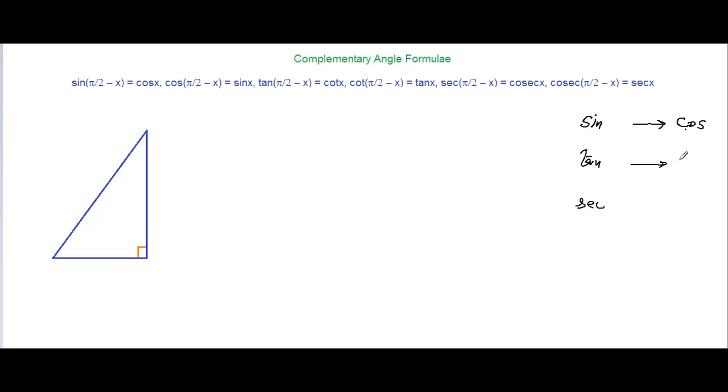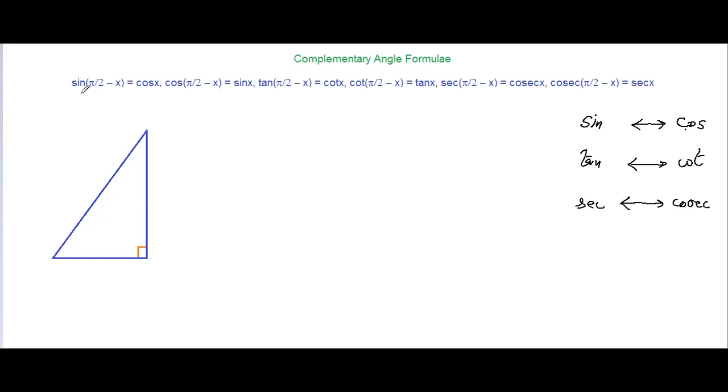Tan becomes cotangent, that is cot. Secant becomes cosecant. And if you have the functions of these kinds, cos, cot, cosecant, which begin with co, then co is removed.